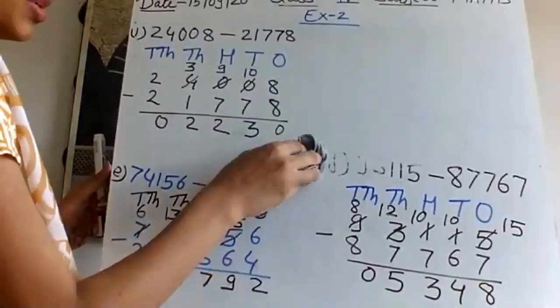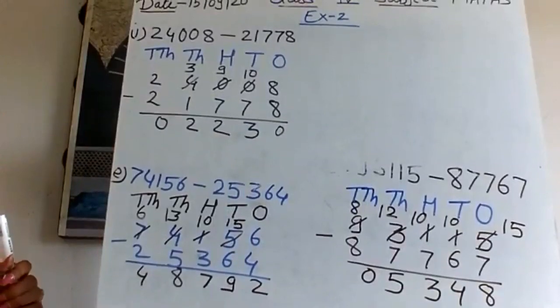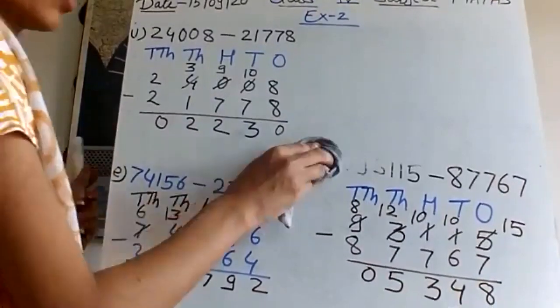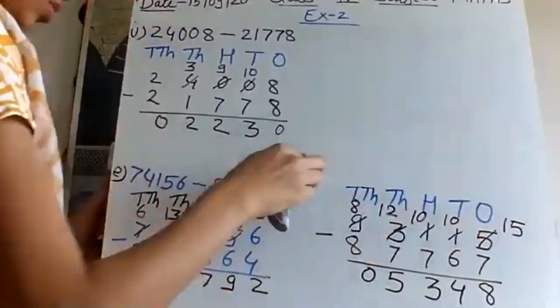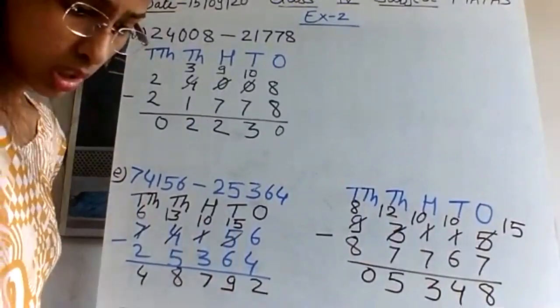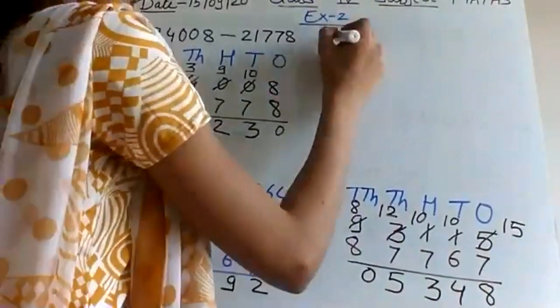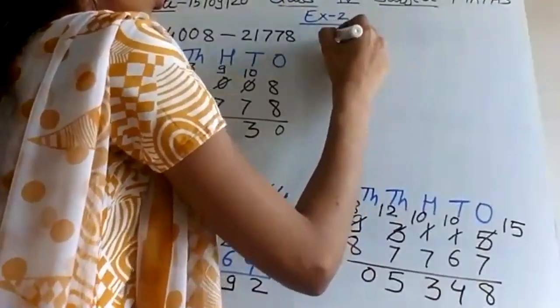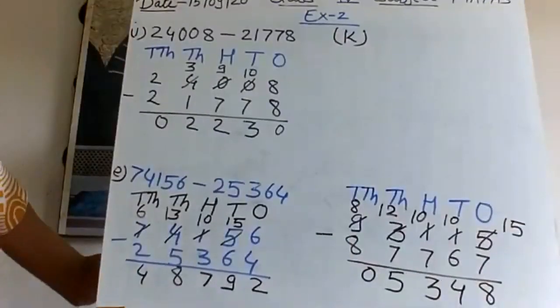Done everyone this much? Should I rub the board? Okay, moving to question number J, that is your homework. Let me explain question number K. Question number K, and write down the numbers of question properly.